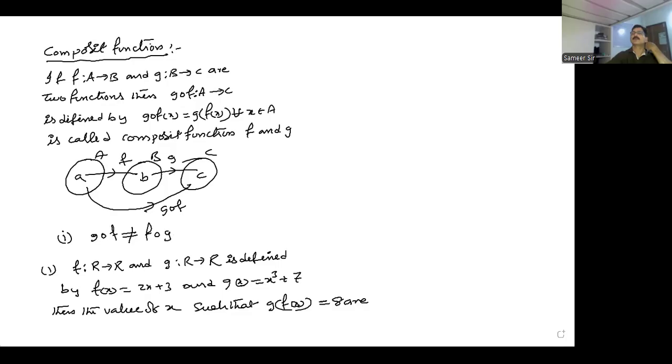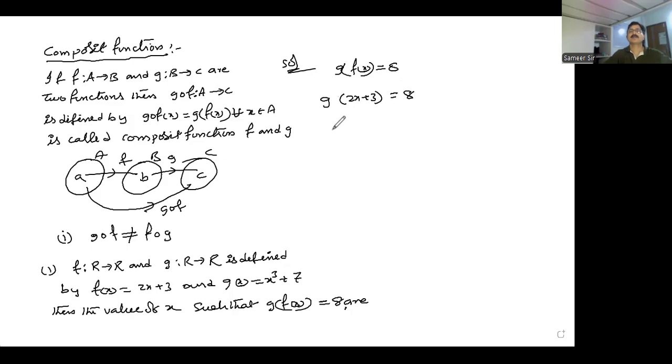Question based on this we will do. Now you see here, the question is f from R to R and g from R to R are defined like this, and he is asking the value of x such that g of f of x is equal to 8. What is f of x? 2x plus 3.